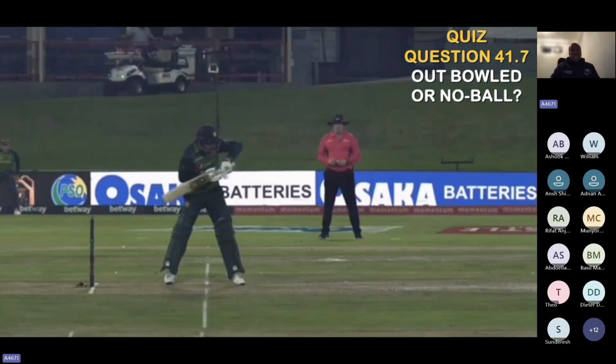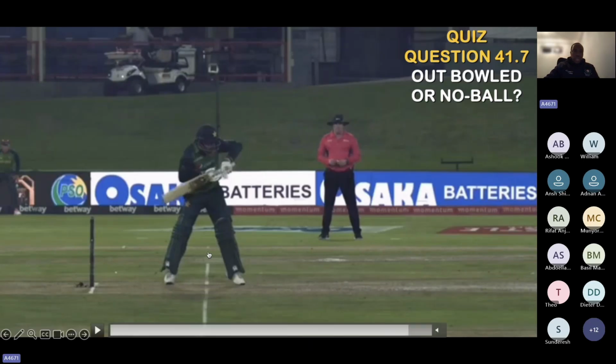Now, a lot of people will wonder or ask, why did striker's end umpire Adrian Holdstock not call and signal no ball? And a lot of people also ask why he is standing a good 2 meters in front of the popping crease. So the reason he's standing 2 meters in front of the popping crease, up here we see a run-out camera.